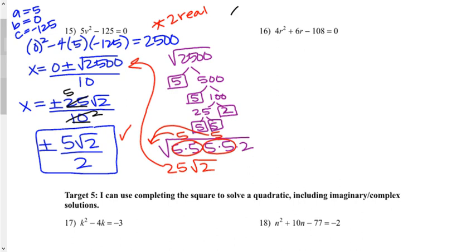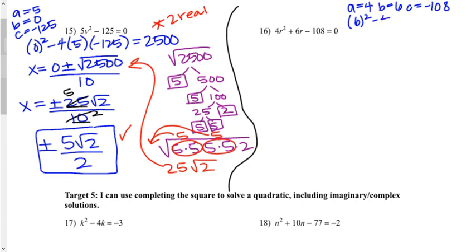Okay, kind of draw like a little line to separate myself. Starting off with my discriminant again. So I have a equals 4, b equals 6, and c equals negative 108. B squared minus 4ac.